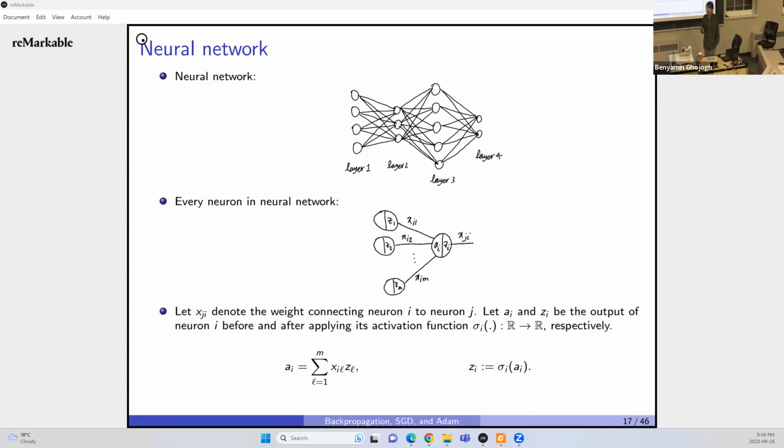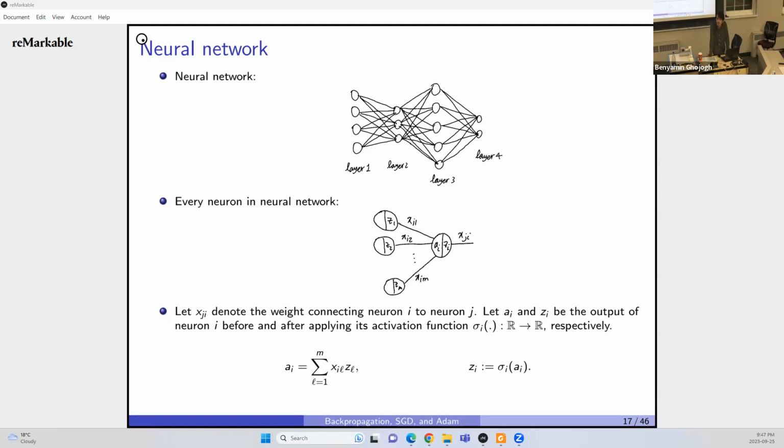But before we end, let me tell you that back propagation is nothing but gradient descent and chain rule, because we have a stack of layers. When we have forward propagation, when we feed the input to the network, it goes layer by layer from the first layer to the last layer. But when we want to train it, we want to optimize it, we go from the last layer to the first layer.